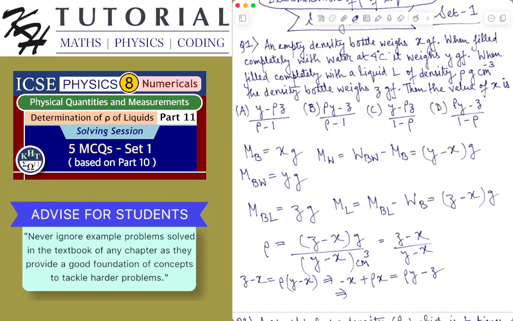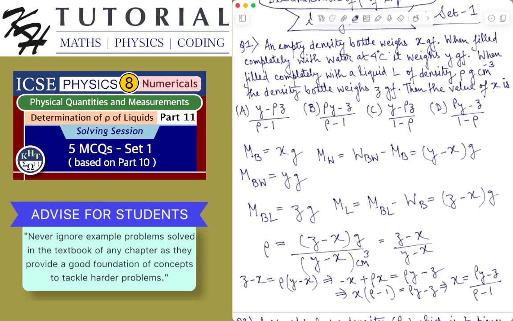If I take x common from the left hand side, I have x multiplied by rho minus 1 is equal to rho y minus z. This implies x is equal to (rho y minus z) divided by (rho minus 1).